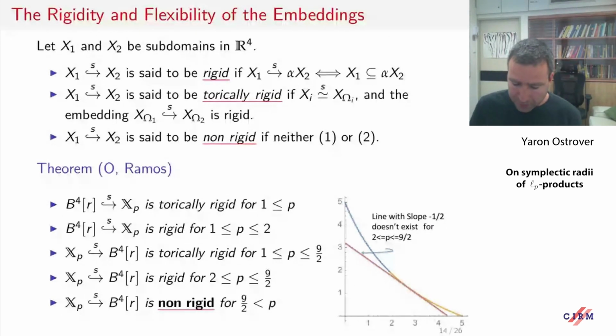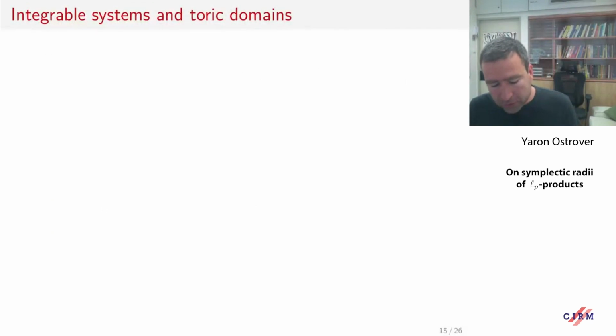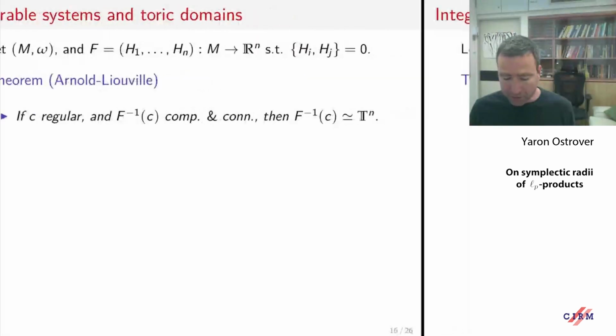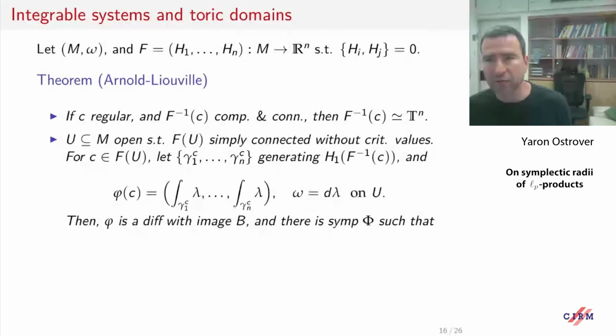Now, the proof goes through the fact that this system, the p-sum of these two disks, is in some sense an integrable Hamiltonian system. And we can use the Arnold-Liouville theorem. So I'm not going to be super precise here, but the Arnold-Liouville theorem tells us, roughly speaking, that when we have an integrable Hamiltonian system, then we can find this toric image of the domain.